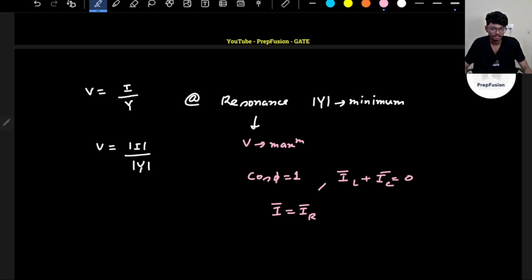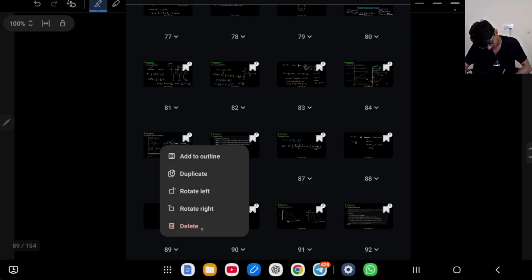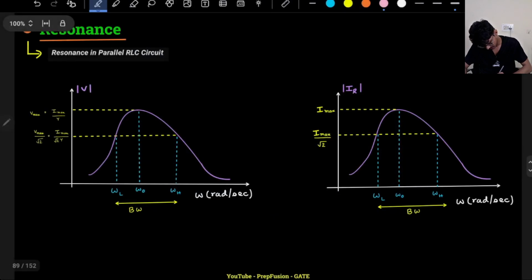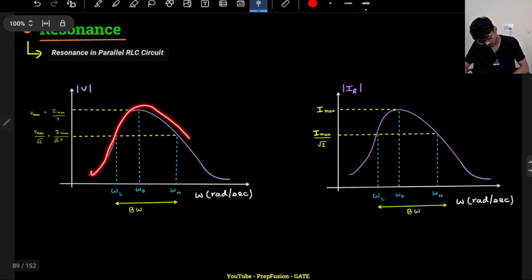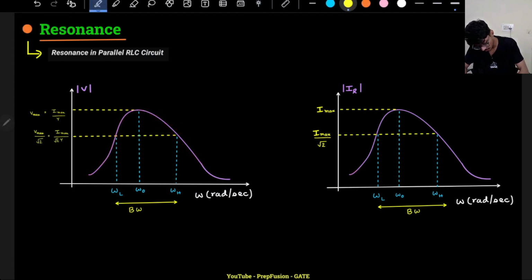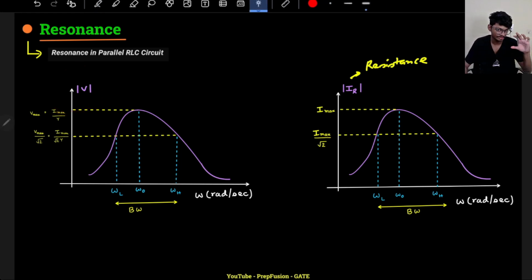Okay, so I want to show you a few graphs. These are the graphs, right? So voltage is maximum at resonance. Of course, the voltage and the current across the resistor, not the overall current. The overall current is constant, right? It is Im sin omega t, magnitude is constant, but this is the resistor current. Voltage is the same across the whole circuit, so voltage and resistor current will be proportional to each other. So the current across the resistor will be maximum at resonance.